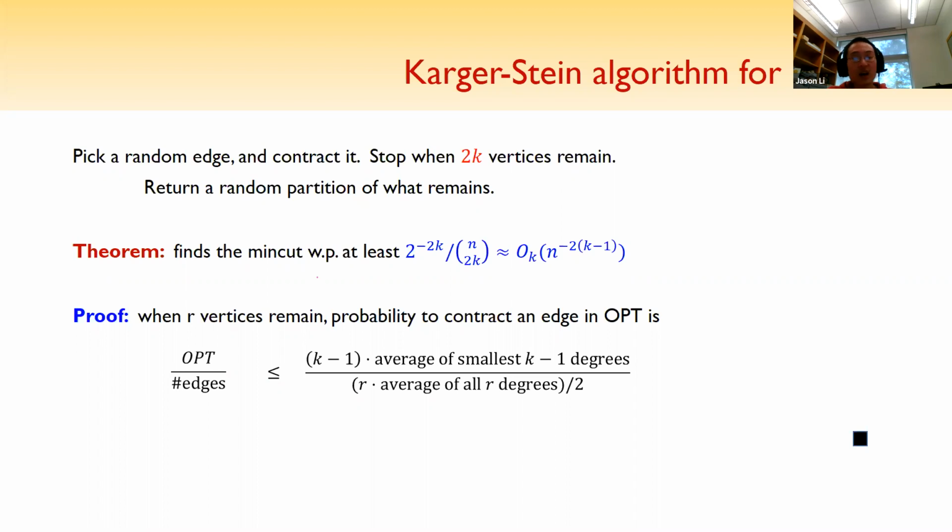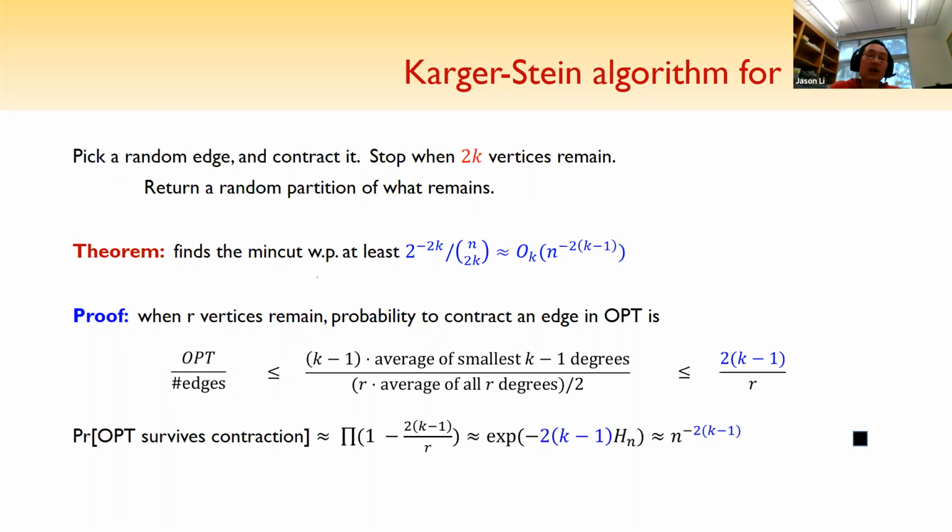And that's also just r times the average degree, the average of all r degrees, over 2. Okay. So now I want to claim this is at most 2(k-1) divided by r. That's just because in the numerator, I have the average of the smallest k-1 degrees. That is clearly at most the average degree of all the vertices, right? So we can just cancel those two out, and we get 2 times (k-1) over r.